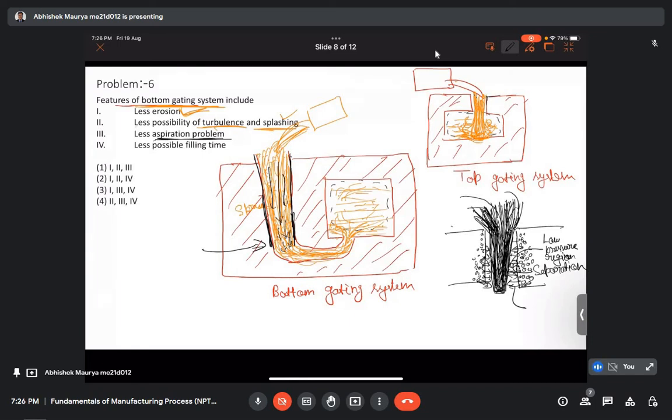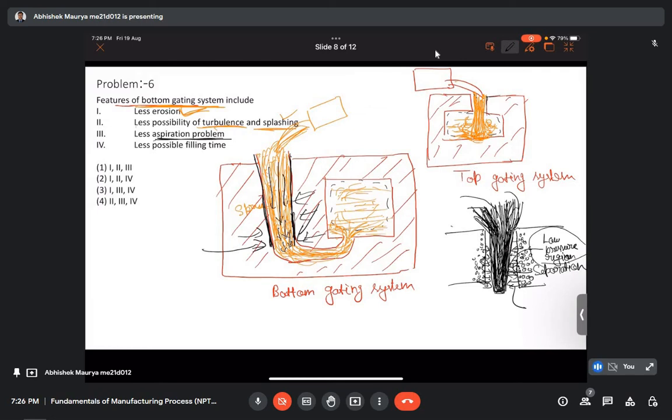So a priori we are designing the sprue in such a way that there should not be separation from the mold wall. If we avoid the separation of the molten material from the mold wall, then no low pressure region will form, and no gas from the mold wall will diffuse inside the molten metal. So in the bottom gating system we can avoid the aspiration problem.